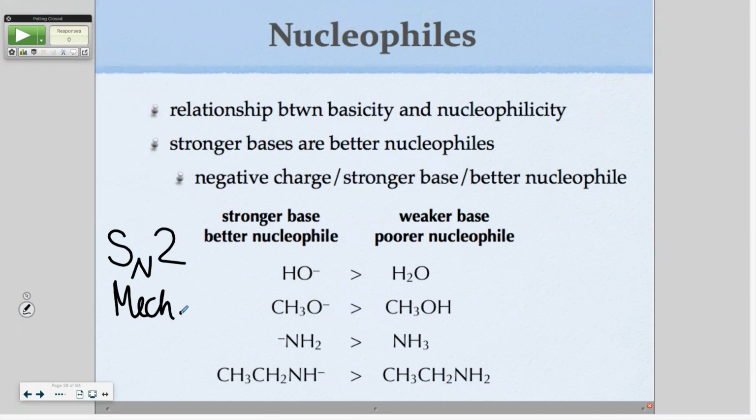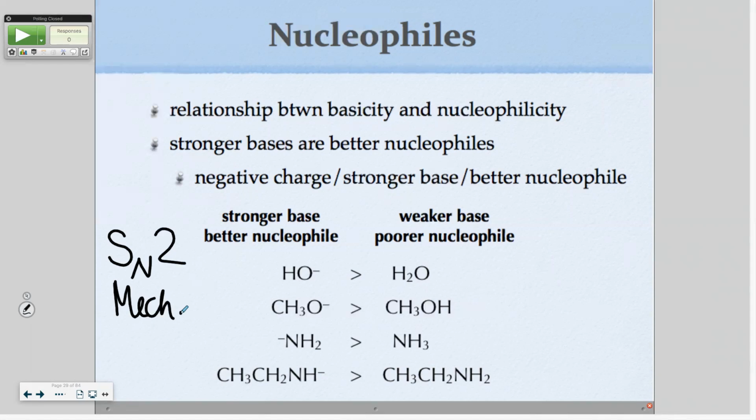Okay, what's S? Substitution. What's N? Nucleophilic. Yes, or nucleophile, I'll take that. What's a 2? Two molecules present in the rate determining step. That's real important that you get that little thing there. It'll keep you from getting it mixed up later.